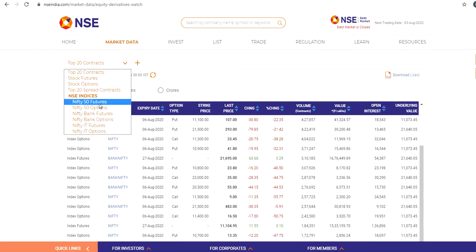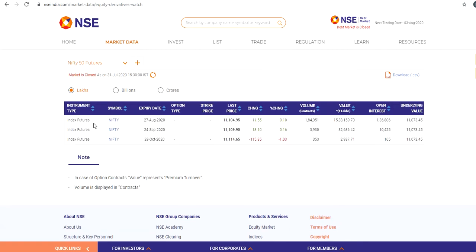I will look at Nifty 50 futures, and this is August, the coming month. 27th August is the expiry date, so the contract has a predefined time. The contract for Nifty future expiry date is 27th August, and there is an underlying value, which basically defines the price of the spot Nifty value.